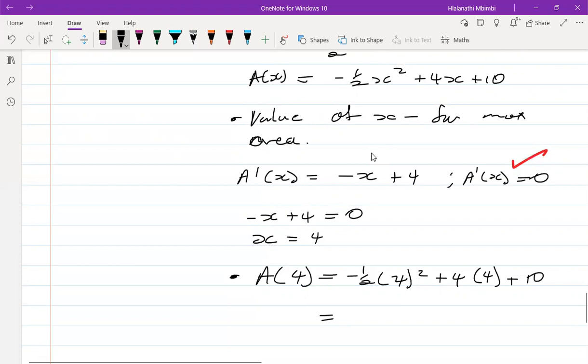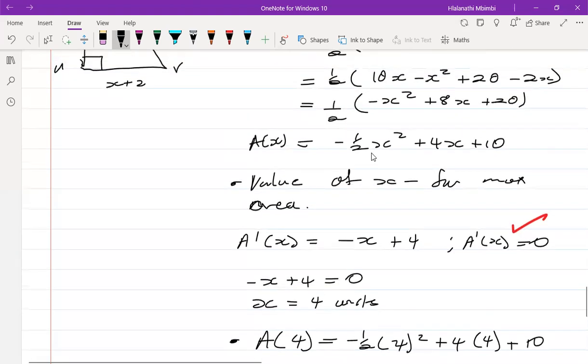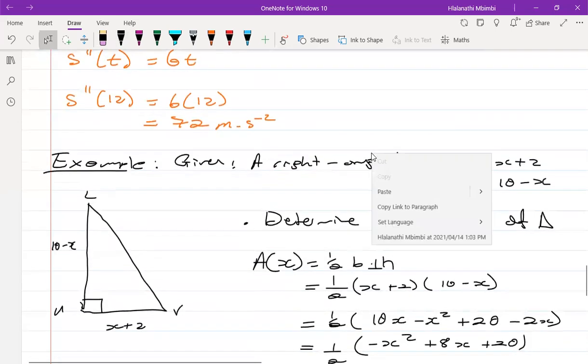That's 10 plus 4 times 4, that's 16. So that's 26. Minus 8, is it 18? Yes, it will be 18. The maximum area, we're given units there, so this would be units squared. This would just be units and so on. Are you following?